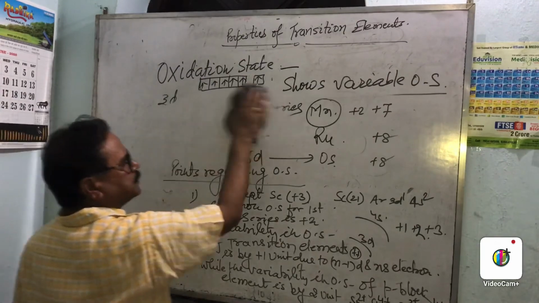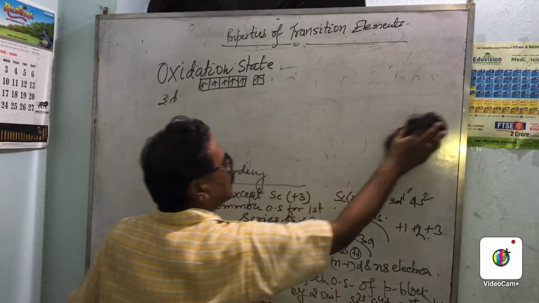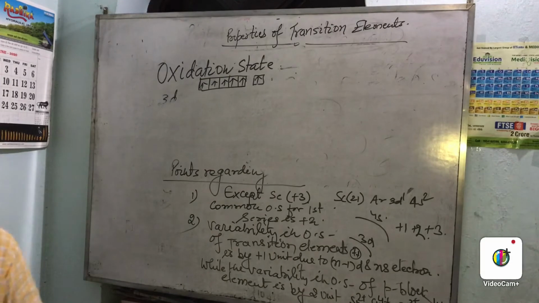Now the third point: the compounds in the lower oxidation state are ionic.